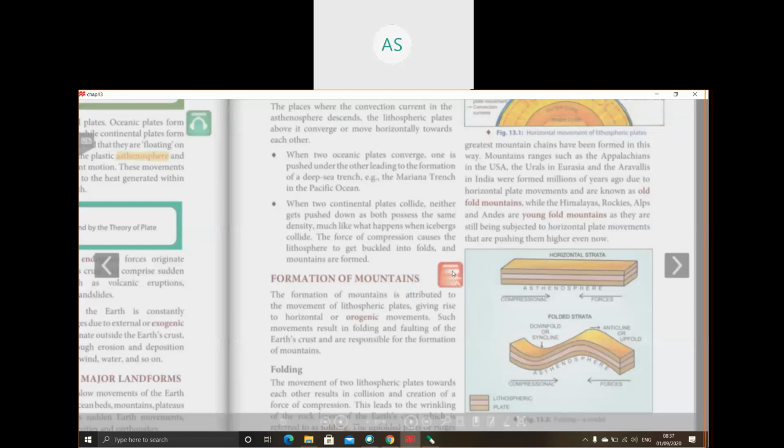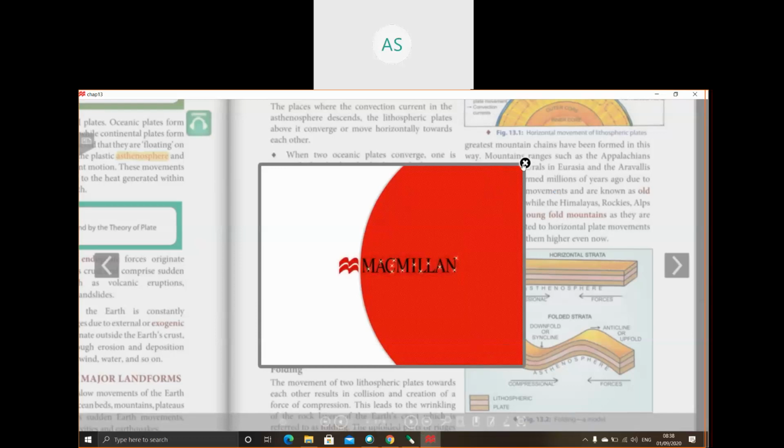Leading to the formation of a deep sea trench, the marine trench in the Pacific Ocean.